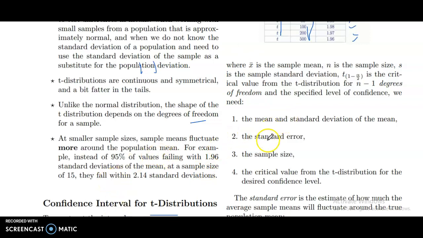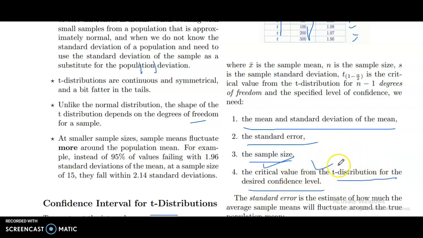The mean and the standard deviation of the mean, the standard error, the sample size, and the critical value from the t distribution for the desired confidence level.